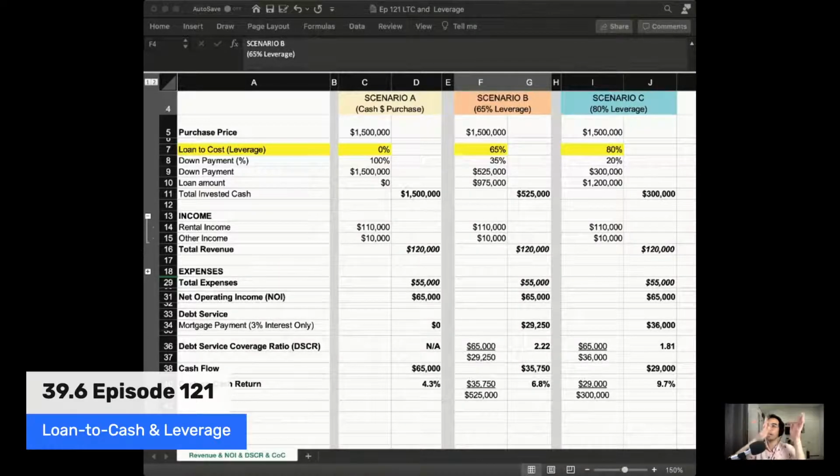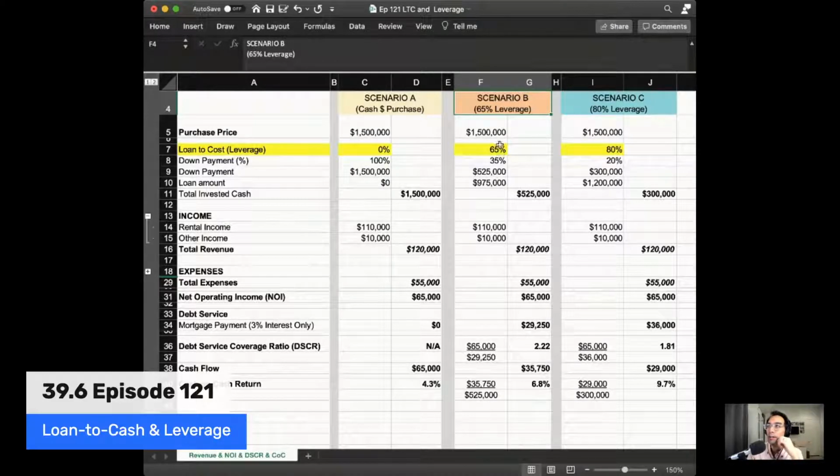If one side of the beam is twice as long as the other, then you can potentially lift twice as much weight because you have twice as much distance from the fulcrum to the center of mass of the object. So by taking debt, you're able to amplify your return on your investment.